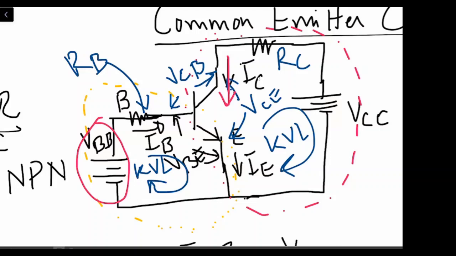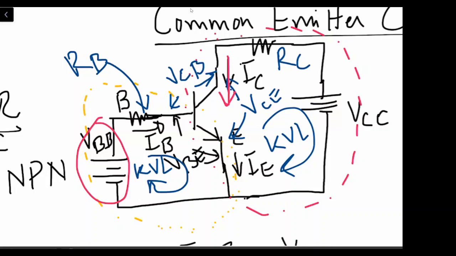Okay, let's take a look again. What we are saying is, if IB is equal to 0, what does this mean? This means that the potential across the base emitter junction is not making it forward bias, and therefore the base current is 0, right?